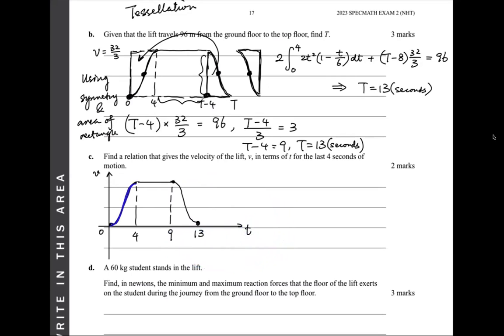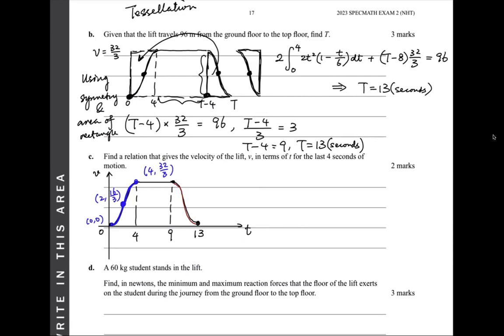When I'm trying to transform this blue graph, I want to match the red graph, okay? This looks like a turning point, 4, 32/3. This is 0, 0. So for a cubic function, in the middle of the two stationary points, I've got 2, 16/3 as the point of inflection.